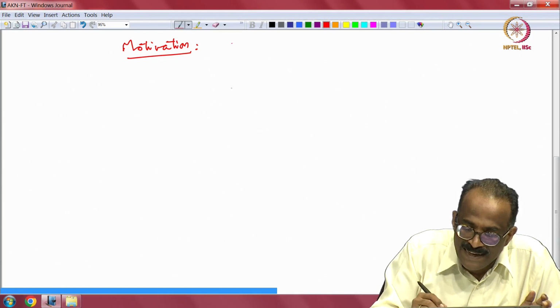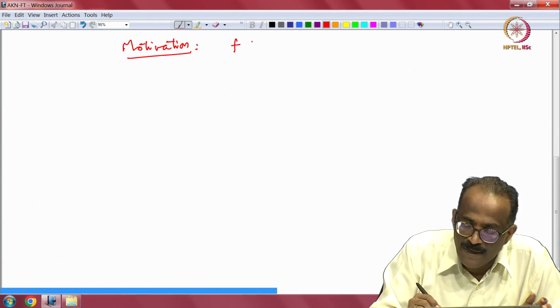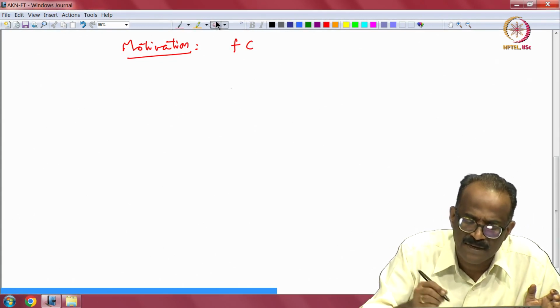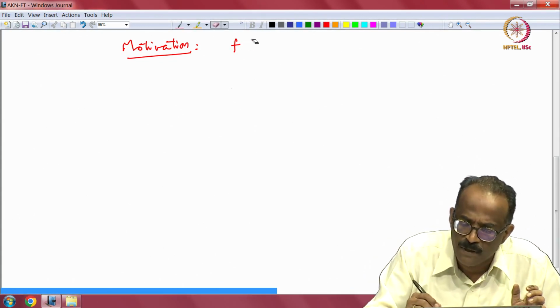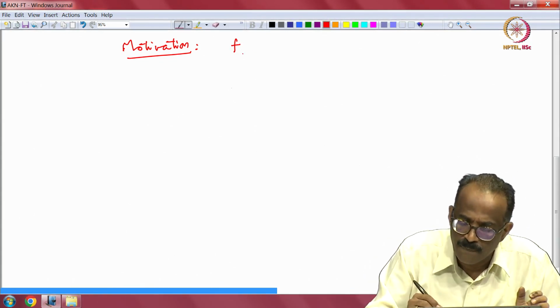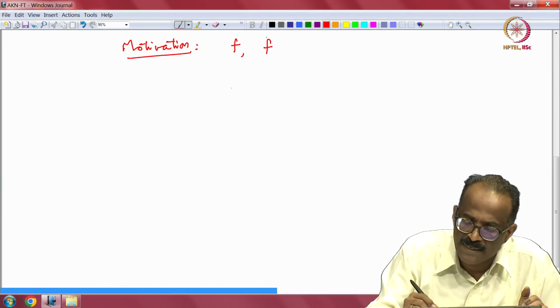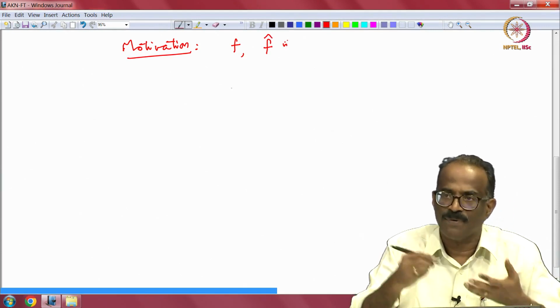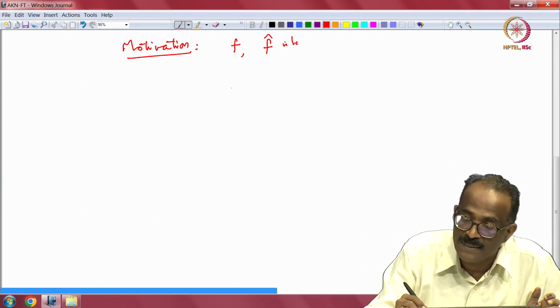So, let us take f, wherever the formulas are applicable. So, you take f and assume that f hat exists, and assume that f hat is also locally integrable, or whatever smoothness is needed, because we want to understand locally integrable f hat also.